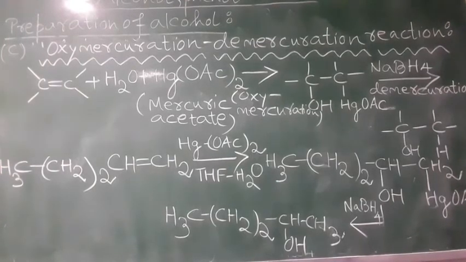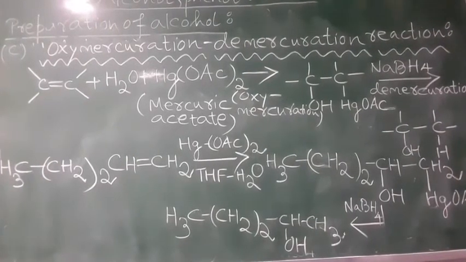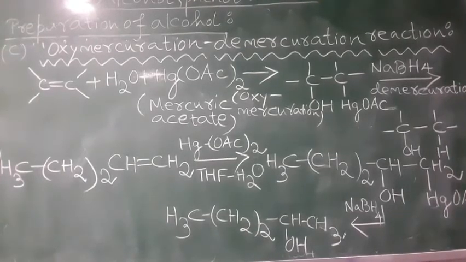Alkenes react with mercuric acetate in a mixture of THF, which is known as tetrahydrofuran, and H2O, meaning water, to give a hydroxyalkyl mercury compound involving addition of the OH group and HgOAc to the double bond.